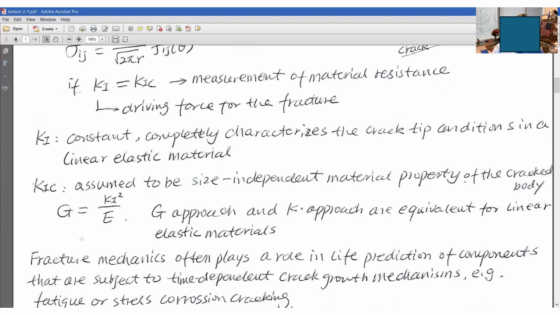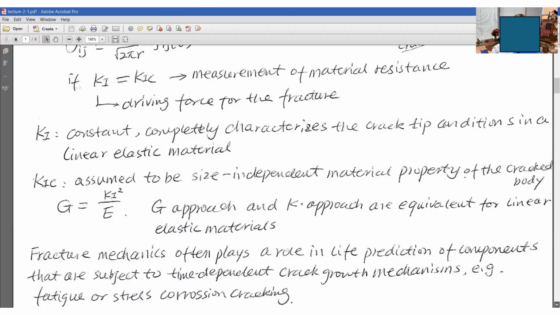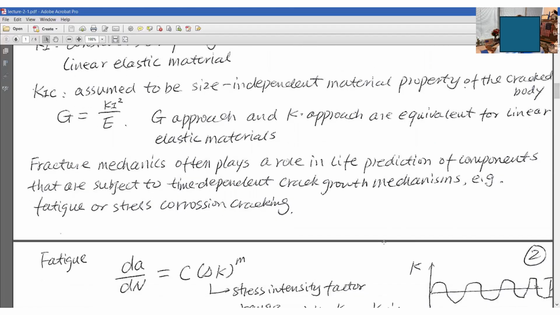The G approach and the K approach are equivalent for linear elastic material, so these two approaches are interchangeable. Any questions so far, for G, Ki, GC, and KIC?